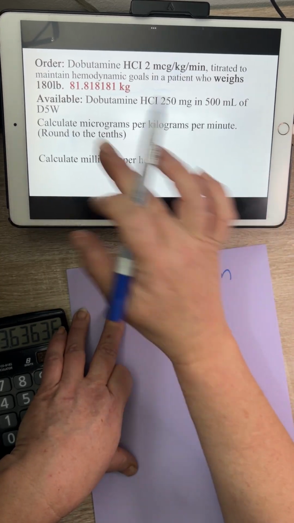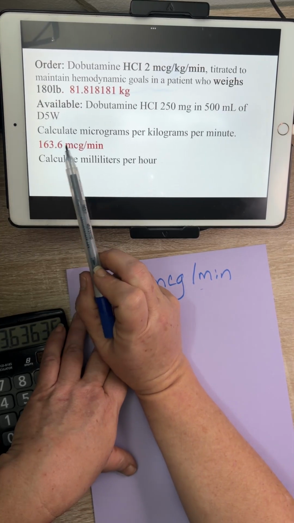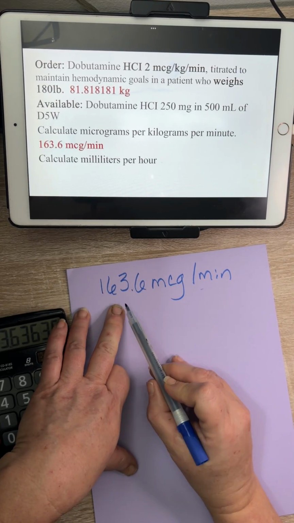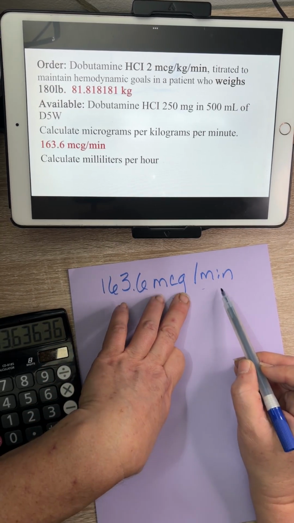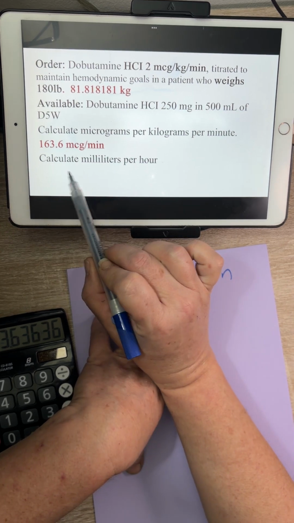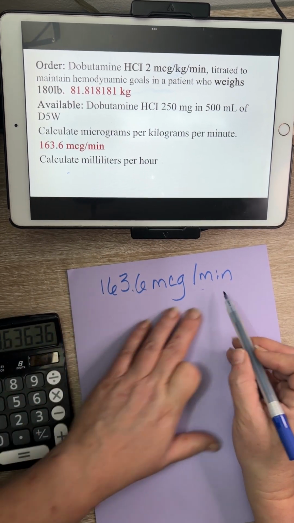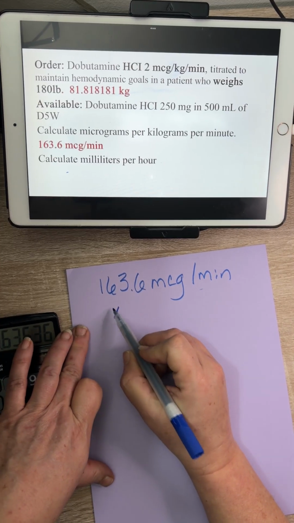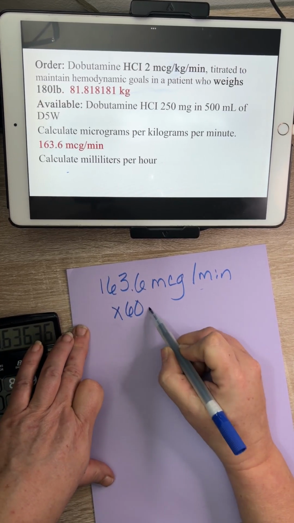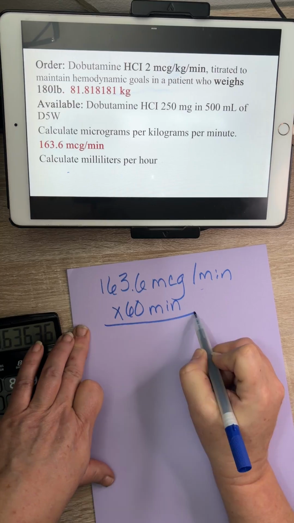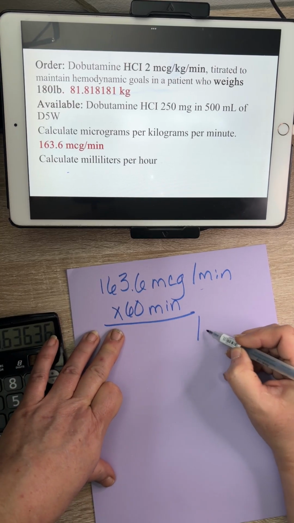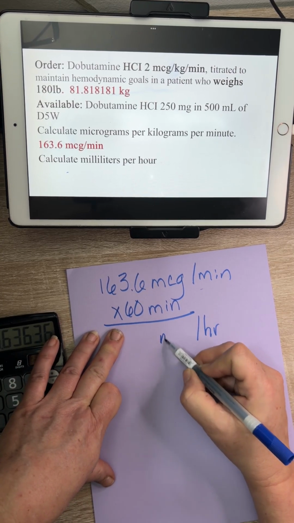So look, that's his weight. So the micrograms per minute will be 163 micrograms per minute. But she wants us to calculate the milliliters per hour. So this is per minute, and because we are grown, we're going to multiply that sucker times 60 minutes, and that's going to give us the micrograms per hour.